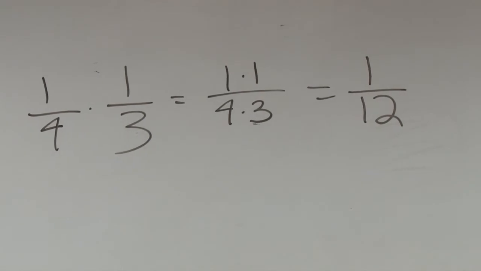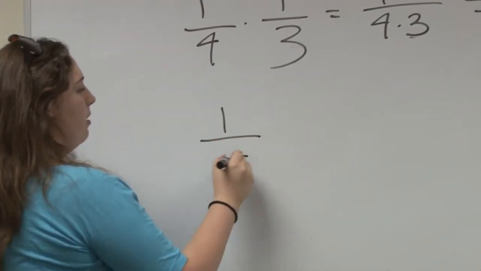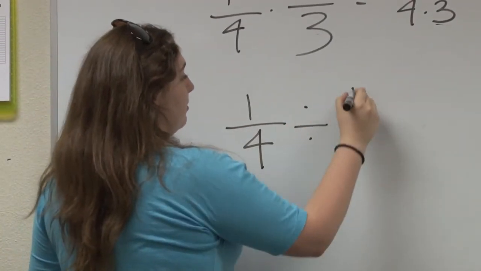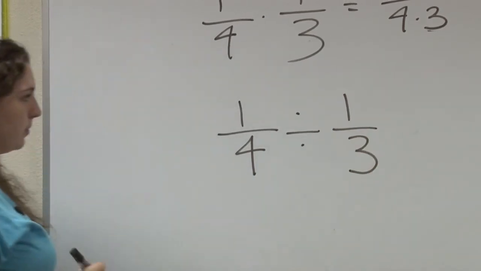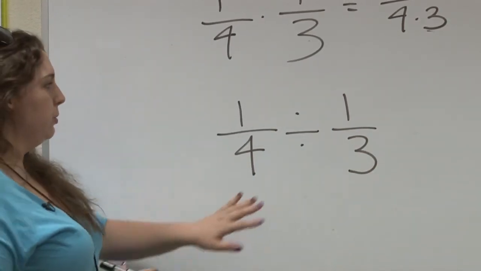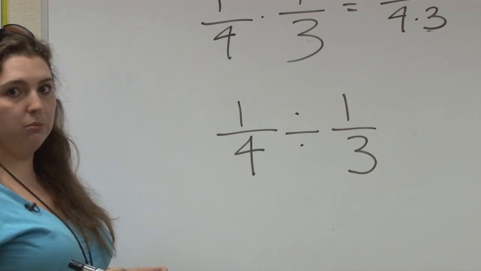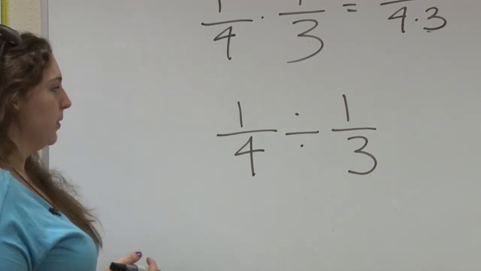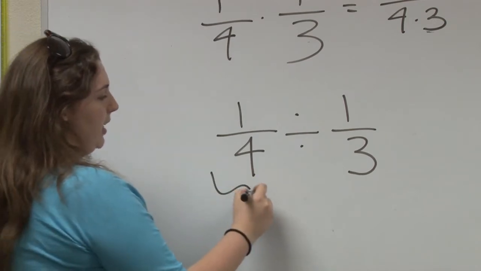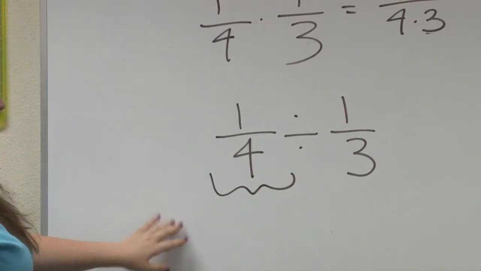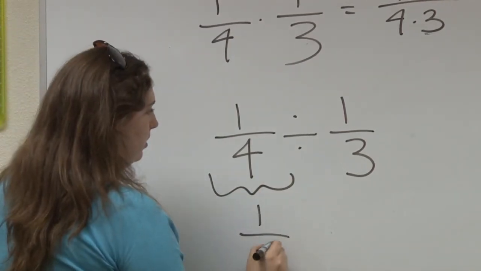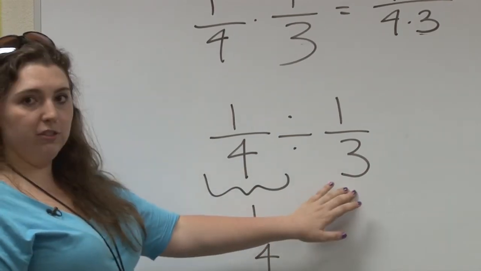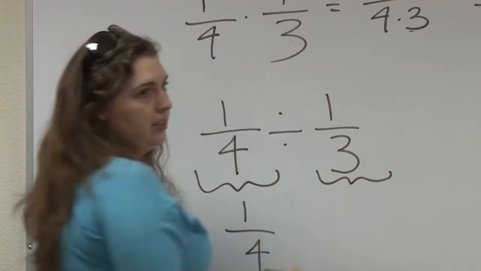And with division, so if we have 1/4 divided by 1/3, we're essentially going to turn this into a multiplication problem by doing skip, flip, and multiply. So what I mean by that is we're going to skip this first term and leave it exactly the way it is. We are going to flip the second term.